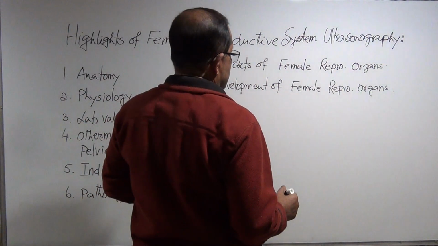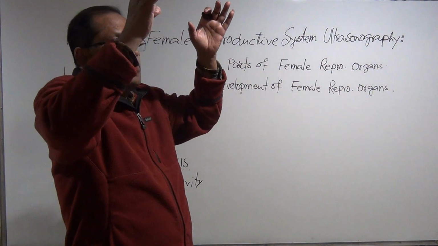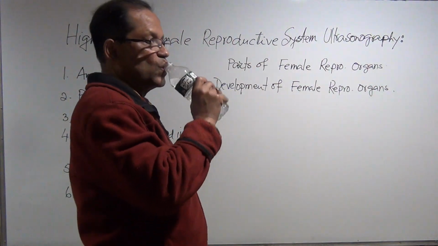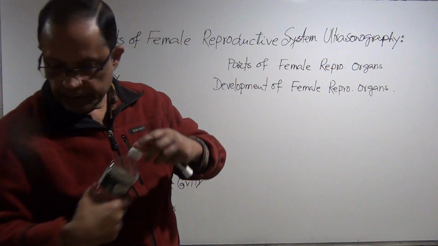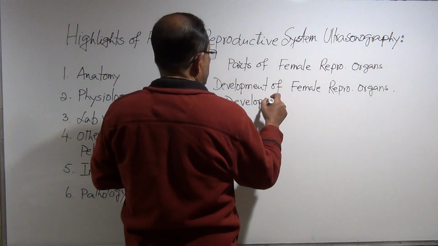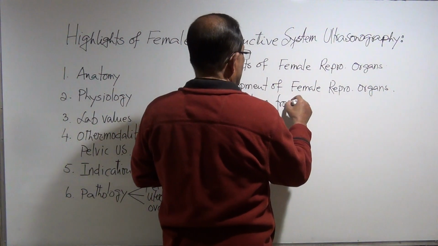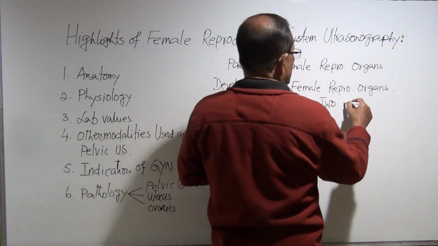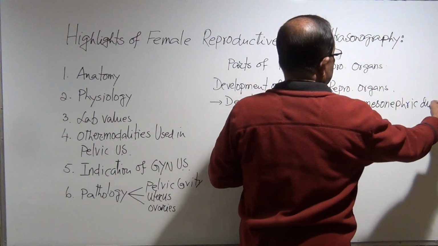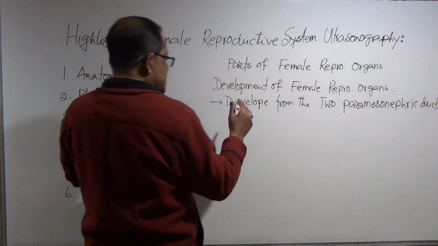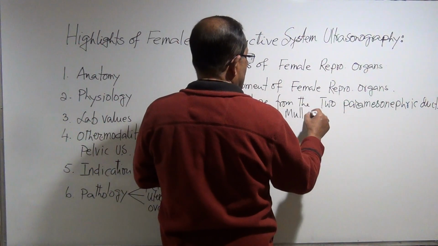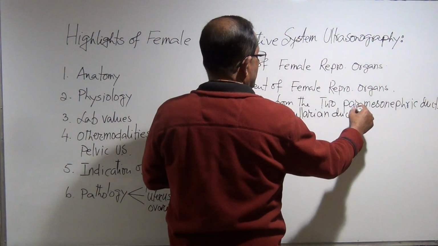The female reproductive organs develop from the two paramesonephric ducts, also known as the Mullerian ducts.